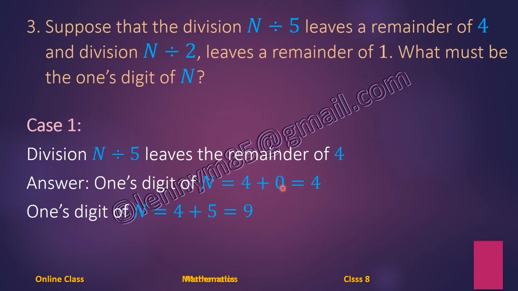Hence, I added 0 to 4, that is 0 plus 4 equal to 4, and 5 to 4, 5 plus 4, that is equal to 9. Therefore, the answer is 4 or 9.